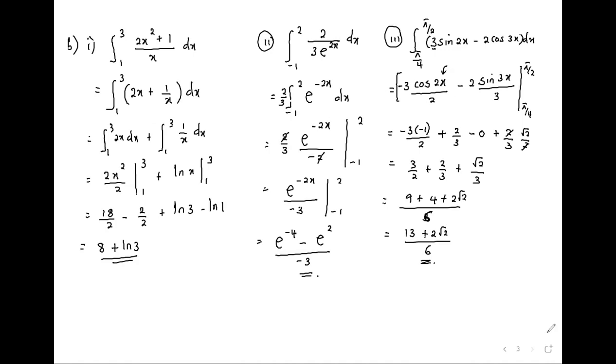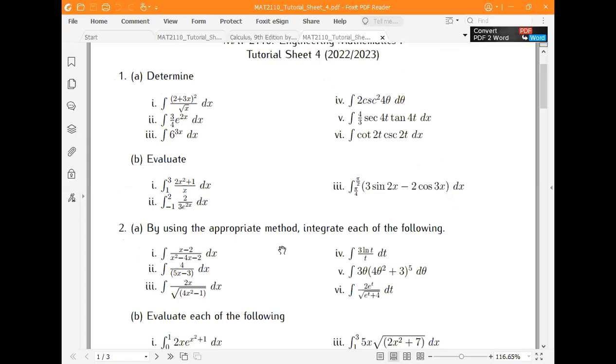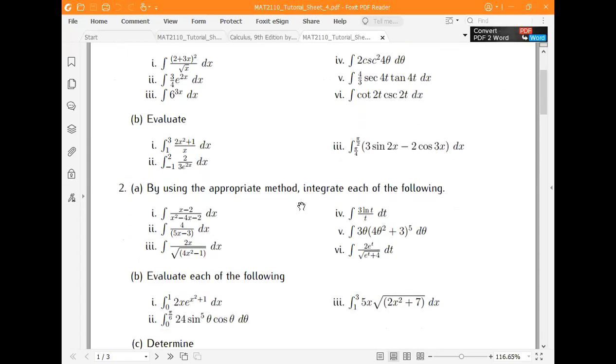Then we move to question 2. Where is question 2? By using the appropriate method, integrate each of the following.